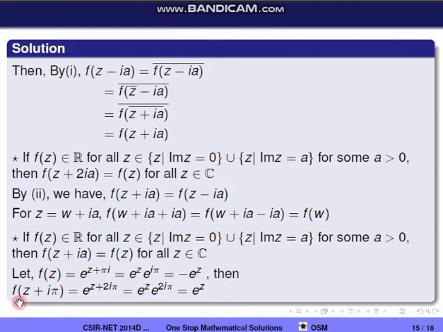Now f of z plus 2 pi i is e power z plus 2 pi i. So this can be written as e power z into e power 2 pi i. So e power 2 pi i value is 1. So this is equal to e power z. So if you take A is equal to pi, we are not getting f of z equal to f of z plus i pi. So this option is wrong.